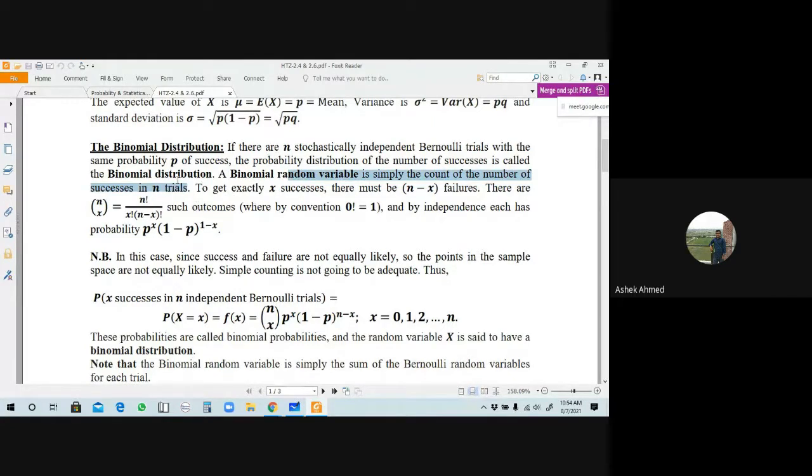That x, the number of successes, will be called a binomial random variable. The binomial random variable represents the total number of successes from the n binary trials. So x is the total number of successes from n binary trials.